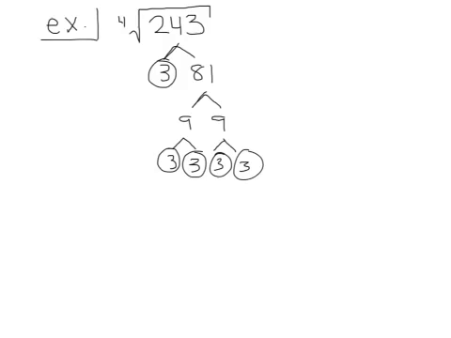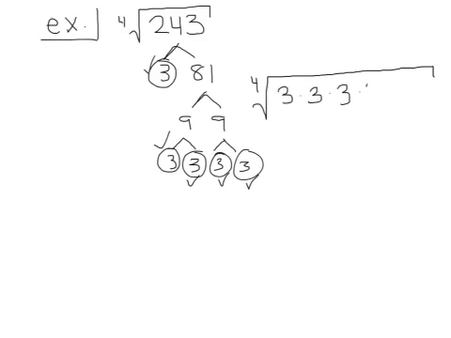For the sake of learning and notes, I'm going to rewrite this under the radical so you can clearly see how I'm bringing numbers to the outside. So I have 1, 2, 3, 4, 5 3's. So I have 3 times 3 times 3 times 3 times 3.